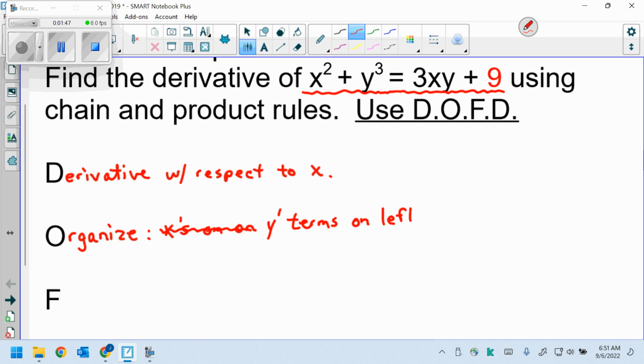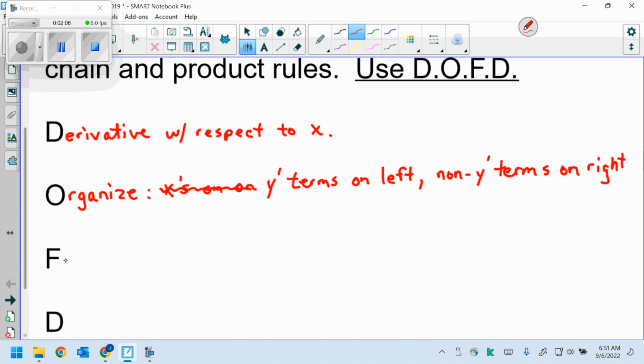Instead of saying x terms, let's say non-y prime terms on the right side of the equal sign. Then we will factor.